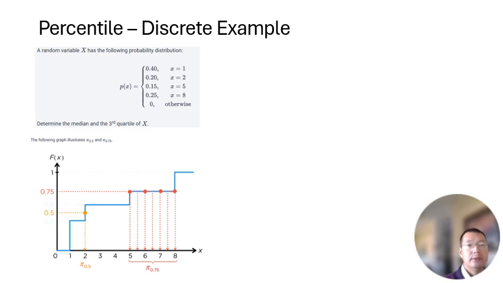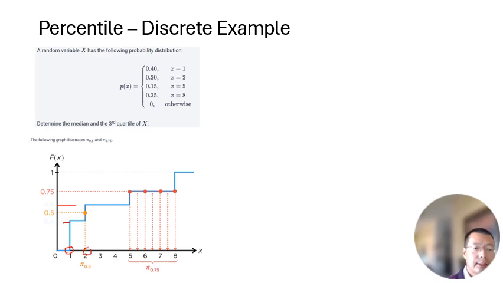So here you can see that x equal 1, this point, there is 0.4 here. Then when x equal 2, that's 0.6.